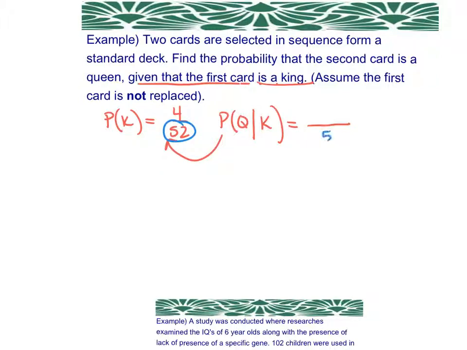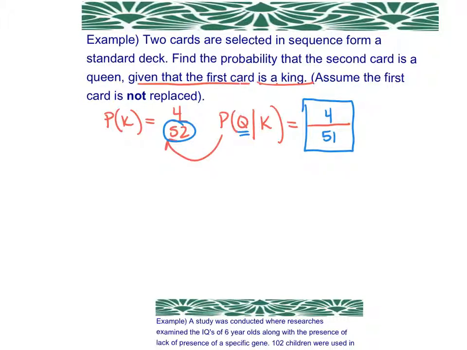I only have 51, because remember, I've got a king already. And now I need to find, well, what's the probability out of those 51 that I get a queen? Well, I know I still have 4 queens left in the deck. So the probability that I get a queen, given that the first one was a king, is 4 out of 51.